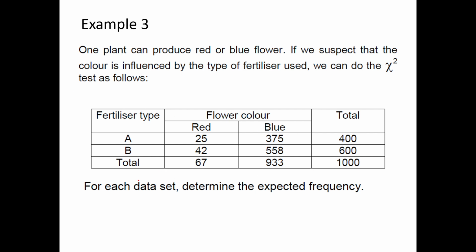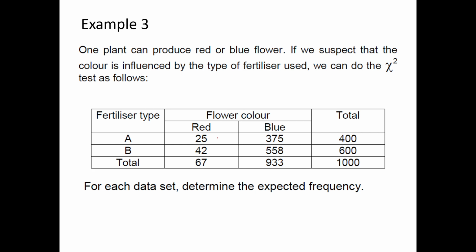As always, I will ask you, how do you know that it is a chi-square test that you need to do? Because these are all frequencies. These are all counts. It's not a continuous data set that you are looking at. So definitely it will be a chi-square test.